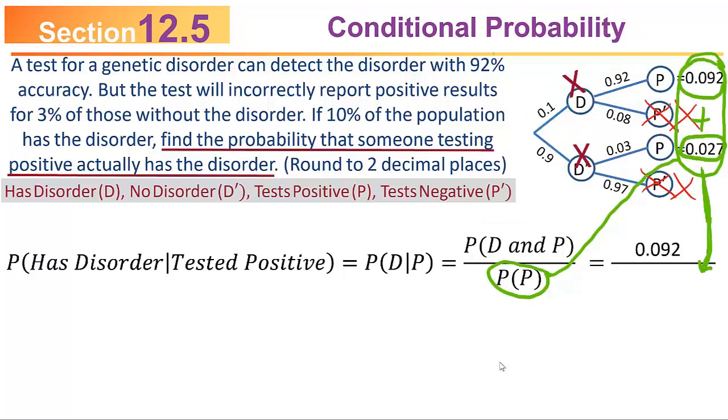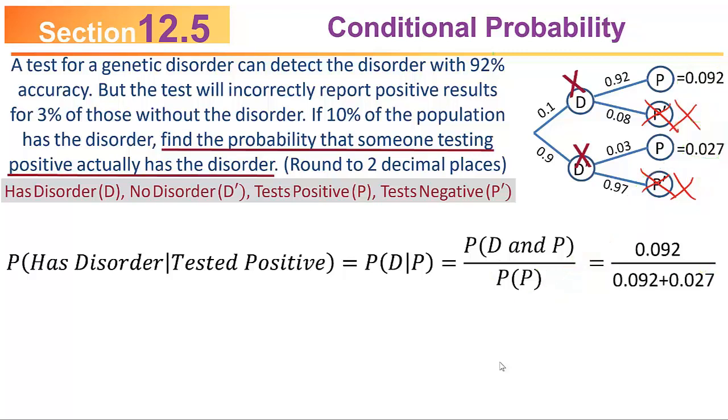So you can get to P by going D then P, that's with a probability of 0.092, but you can also get to P by going D prime followed by P, which is 0.027. So the probability of getting a positive result can happen in two ways. You have to add the two probabilities. So in the end, if you add 0.092 and 0.027, you end up with 0.119.